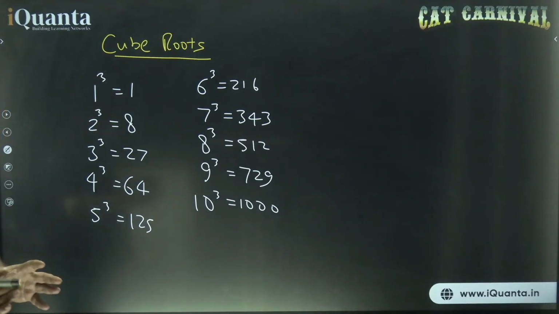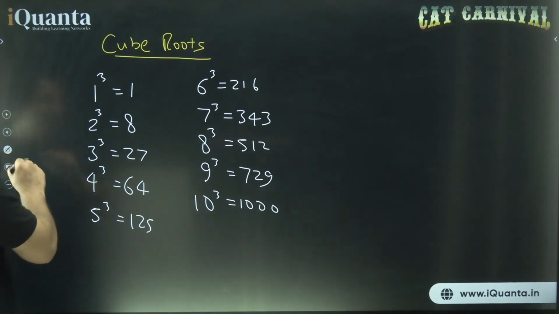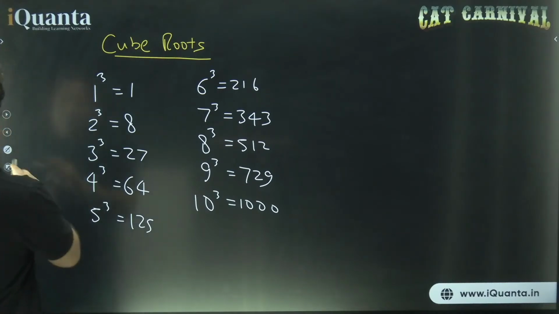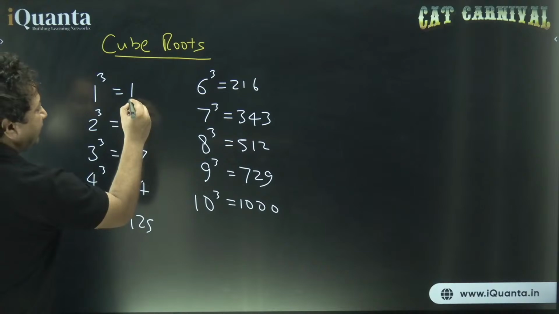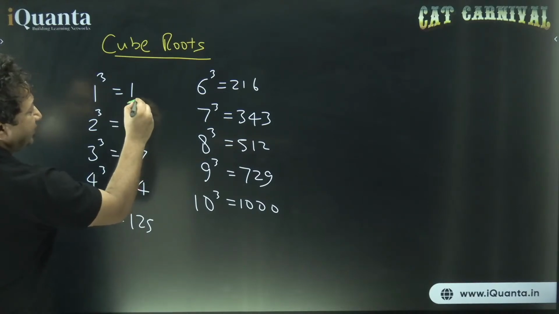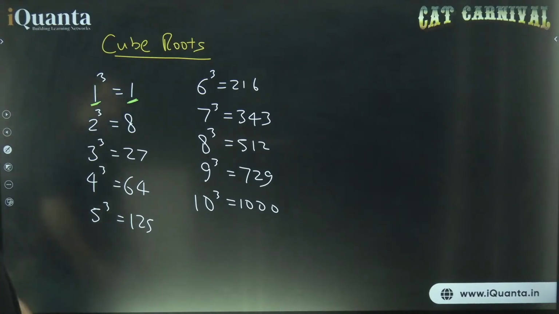Okay, so we need to look at one simple thing. By the way, this will be applicable when something is a perfect cube. So as we can see here, if a number ends at 1, its cube root will always end at 1. Isn't it? So we have distinct unit digits for each of the cubes.